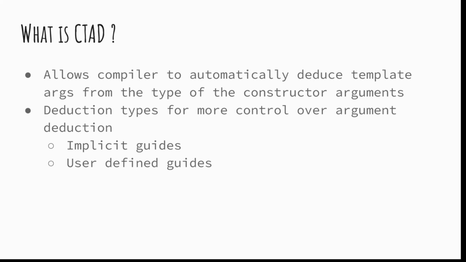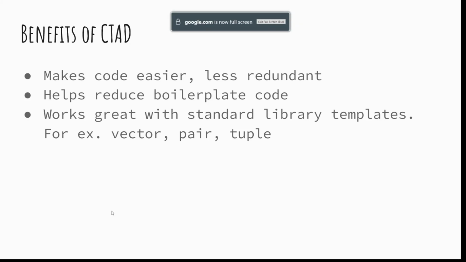So there are two ways: implicit and user defined. If you ask me what are the benefits of class template argument deduction, I would say it makes the code easier, less redundant, and helps reduce a lot of boilerplate code that you generally have to write when working with templates. It also works great with standard library templates like vector, pair, tuple, etc.